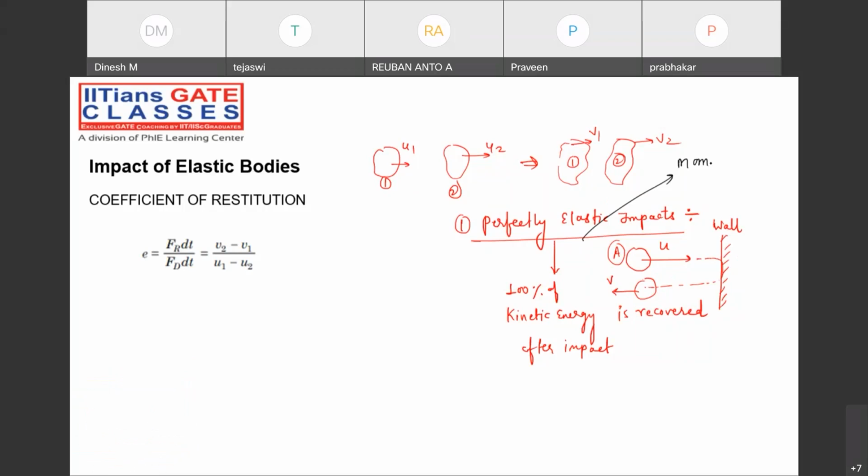Momentum is conserved, and second, kinetic energy is conserved. That means initial momentum will be equal to final momentum.